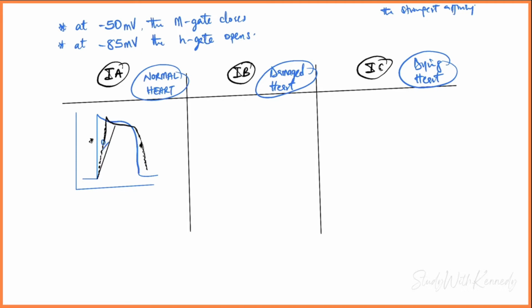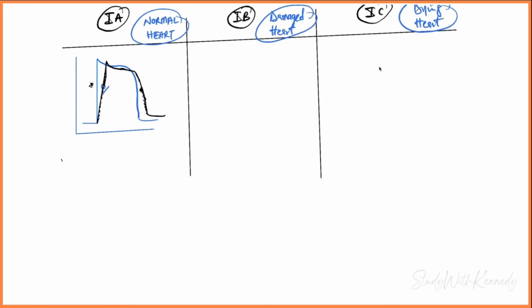We block sodium channels, we have our plateau over there, and then we block potassium channels as well. So remember this, class 1A medications also block potassium channels. This could help you understand why you should have this outward movement over here.